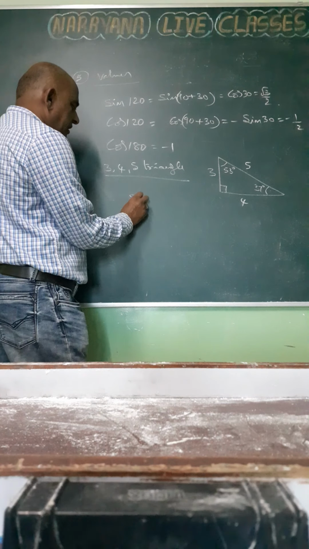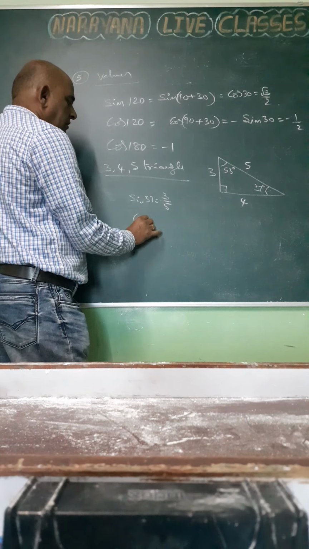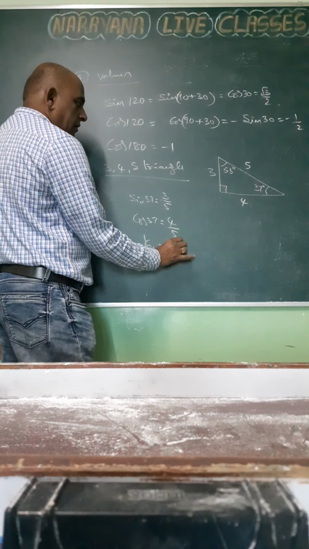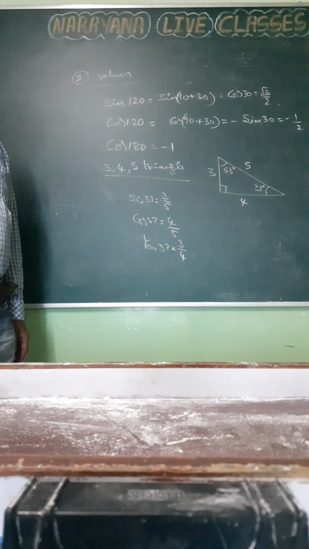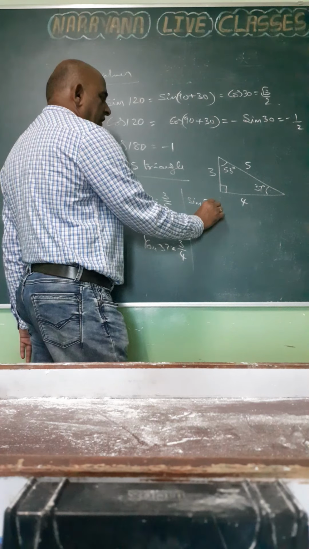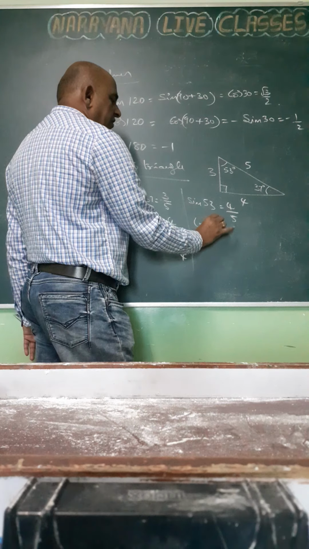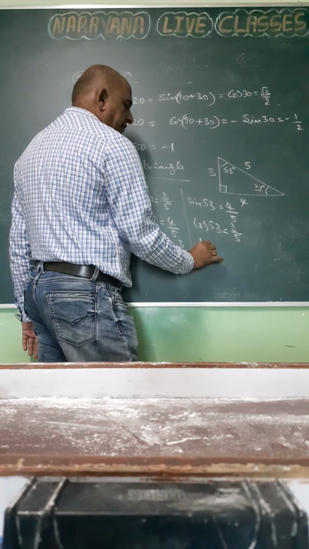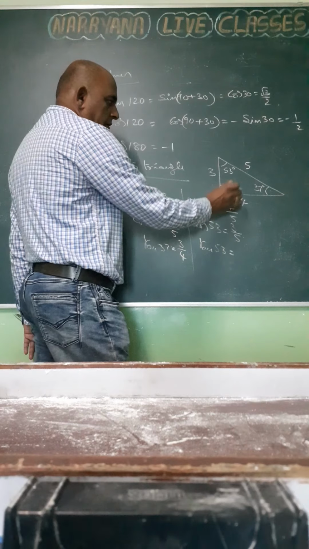Then you can take sin 37 is equal to 3 by 5, cos 37 is 4 by 5, tan 37 is 3 by 4. Similarly, sin 53 is 4 by 5, opposite side by hypotenuse, cos 53 is 3 by 5, and tan 53 is 4 by 3.